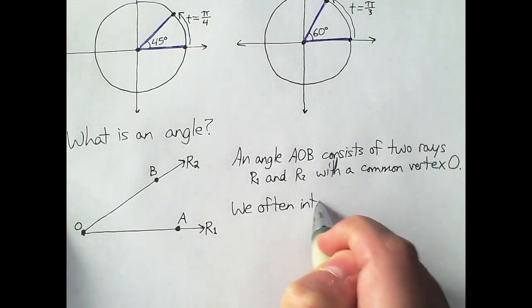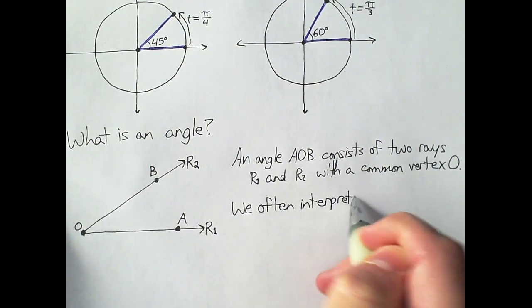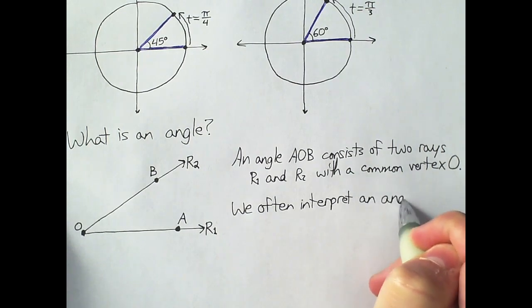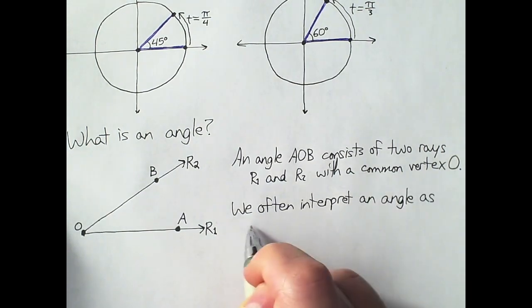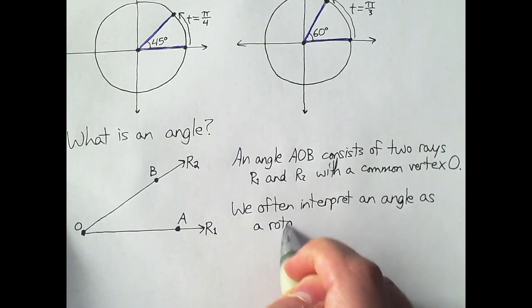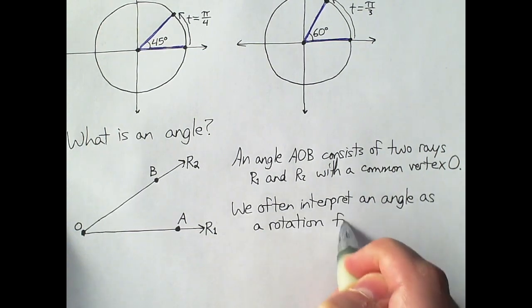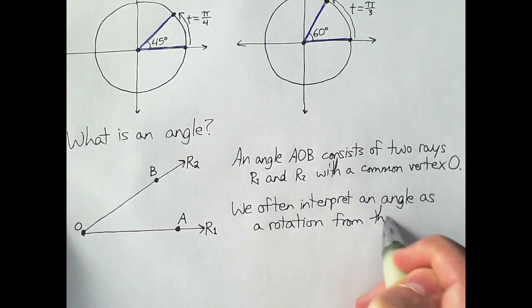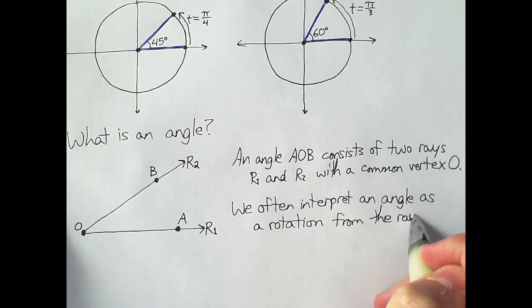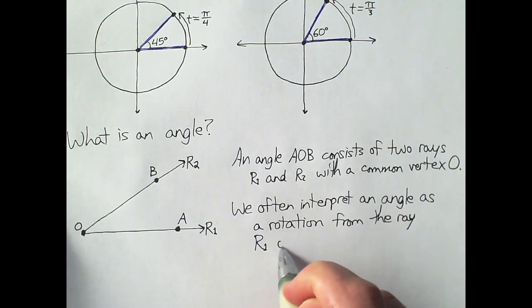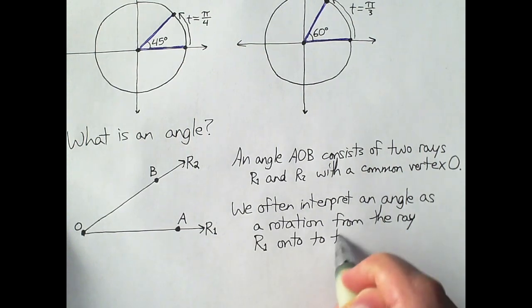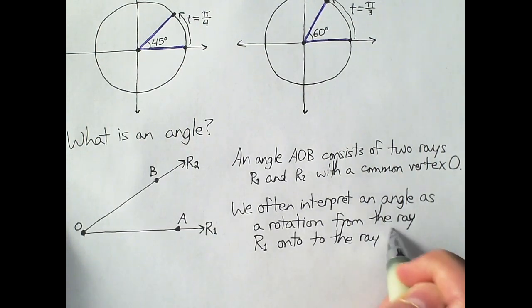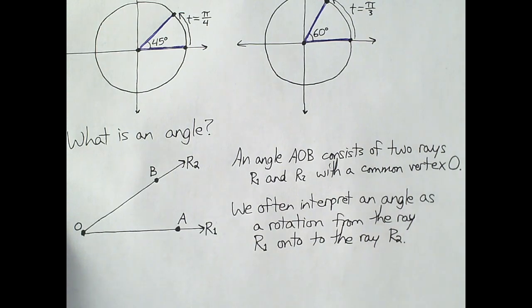We often interpret an angle as a rotation from the ray R1 onto the ray R2. I'm grabbing my pen here, and I'm going to draw a little arrow to indicate rotation.